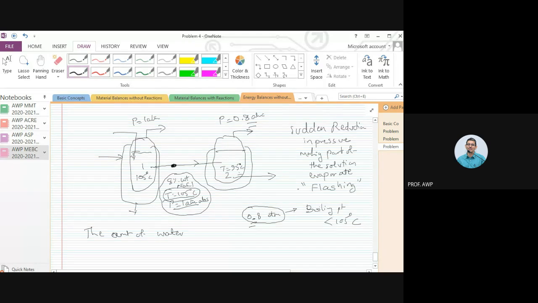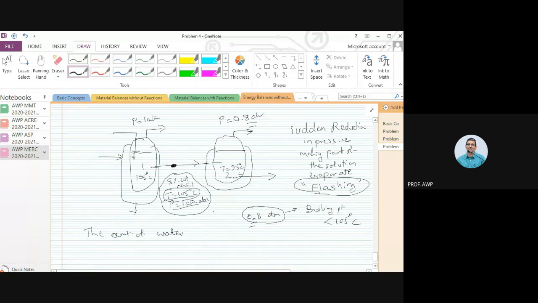Flash, as if you are taking a photograph and you press the button, the camera flashes, right? So it is like that. It is an instantaneous kind of evaporation, as if there is a flash of vapor that is generated. That's why the name given is flashing.